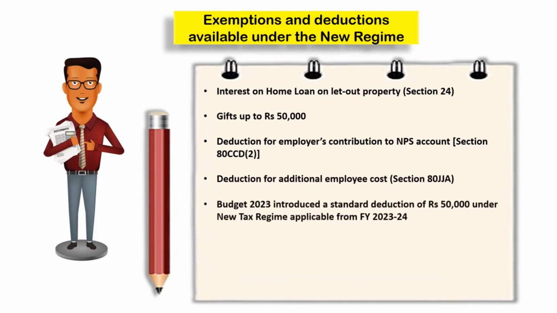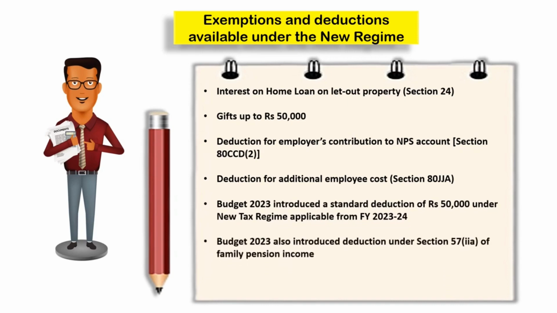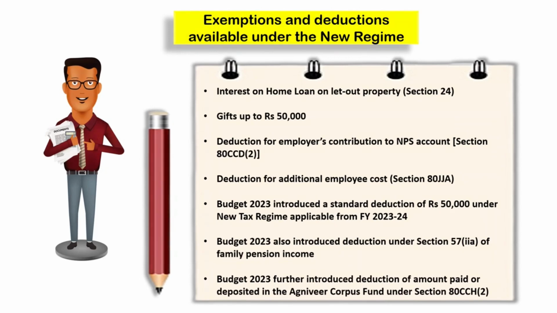Budget 2023 has also introduced standard deduction of Rs 50,000 under the new tax regime and deduction of family pension income under Section 57(2)(a). Further, Budget 2023 has also introduced a deduction of amount paid or deposited in the Agniveer Corpus Fund under Section 80CCH(2) under the new tax regime.